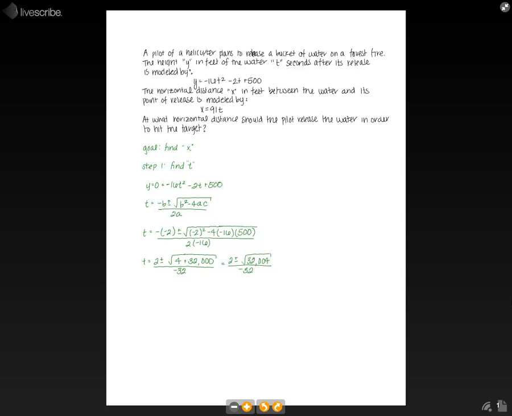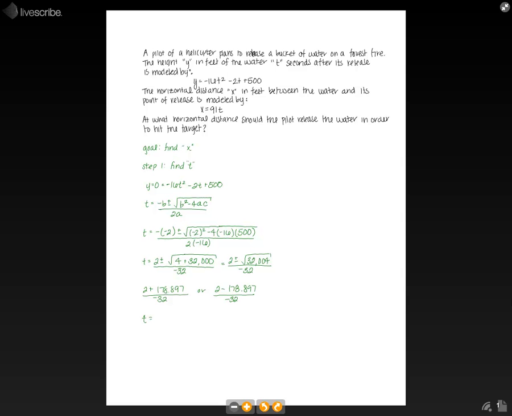Alright, so if you put that in your calculator, you're going to end up getting 2 plus the square root of 32,004, which is 178.897, all over negative 32, or 2 minus 178.897 all over negative 32.